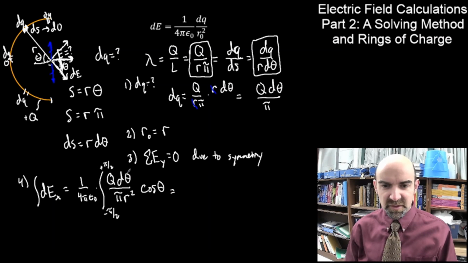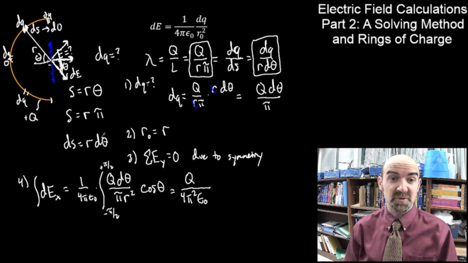To move forward here, there's actually a lot of constants in here. If I pull them out, we'd have a q up top, and we'd have d theta cosine theta, so that's going to be our integrand. So divide by 4 pi, and we do have a pi there and a pi there, so we've got 4 pi squared epsilon naught, and r is also a constant.